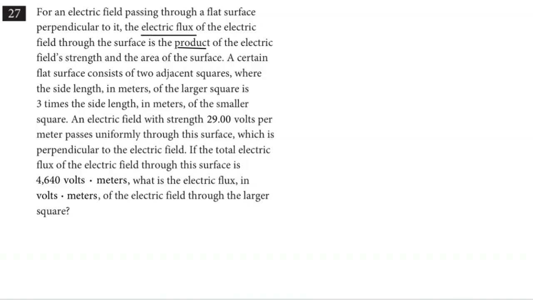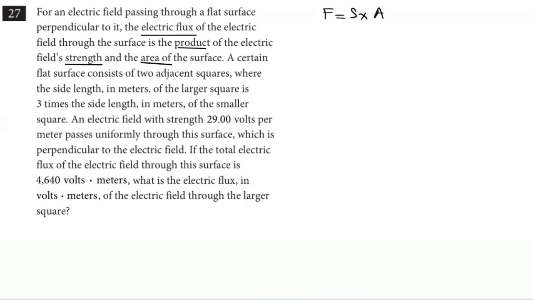Make sure you underline these essential words because you can lose track as you go down these big statements. So the electric flux of the electric field through the surface is the product of the electric field strength and the area. So what I have understood from this first paragraph is that flux is strength times area. Just making my own notes.